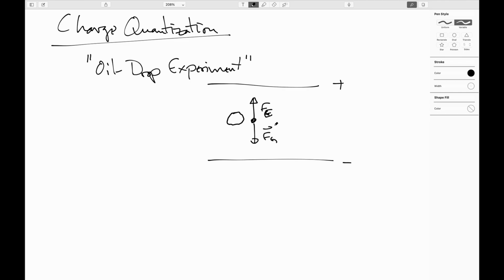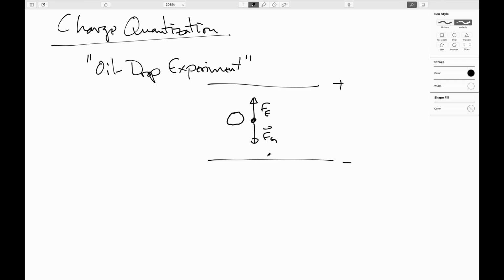Now, ideally, you would like to get these drops to hover. In practice, you can't get them to hover, so what you do is you attract them up, you then discharge these plates here, you let them fall down, and you time how long they go up and down. You have to take air resistance into account. It's a pain. But conceptually, we can just imagine that somehow he got them to hover, which he didn't actually, but conceptually, you can do that.